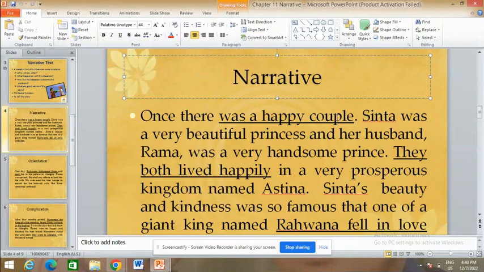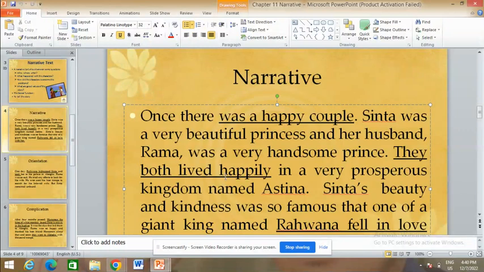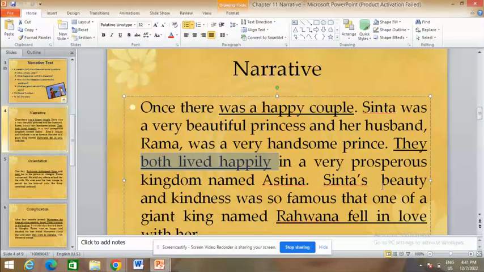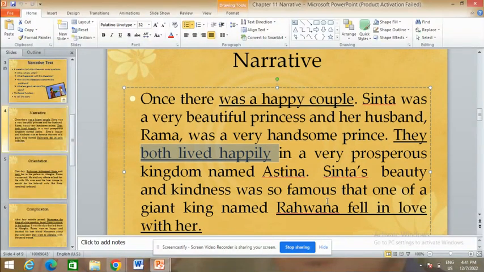Sinta was a very beautiful princess, and her husband Rama was a very handsome prince. They both lived happily in a very prosperous kingdom named Astina. Sinta's beauty and kindness was so famous that a giant king named Rahwana fell in love with her.